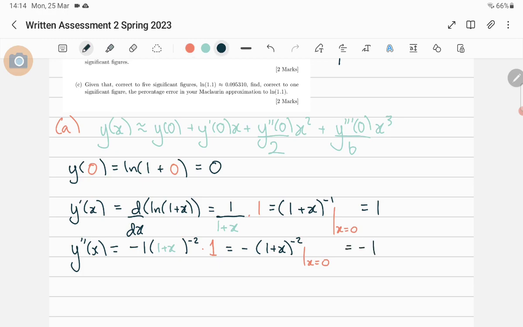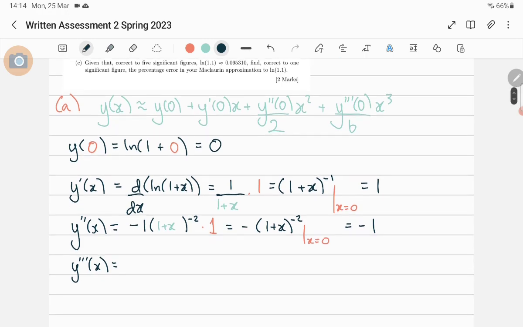There's just one more derivative to calculate, the third derivative. So now I'm differentiating the thing I just calculated. I'm going to fix the minus 1, and now I'm going to differentiate 1 plus x to the power of minus 2. So, fix the minus 1, and now the outside function is x to the minus 2.